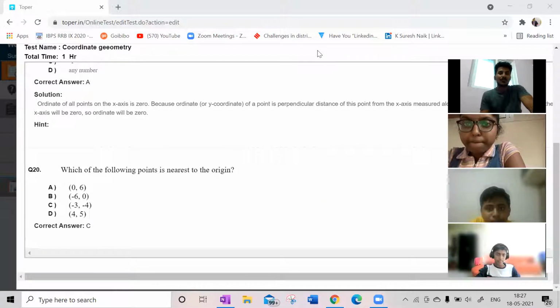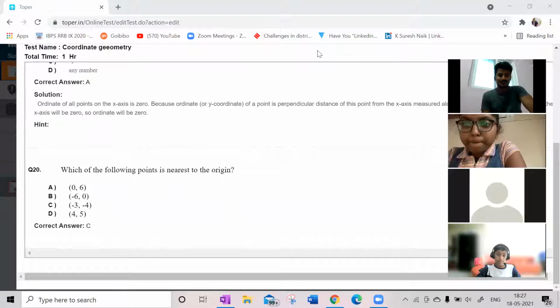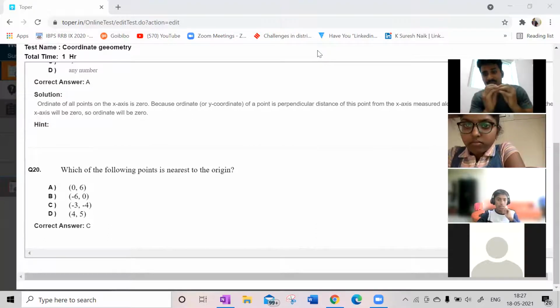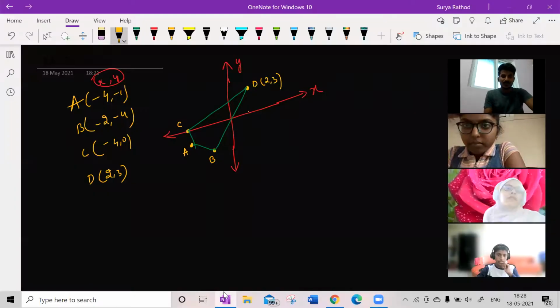See, which of the following points is nearest to the origin? Nearest to the origin. The options are the coordinates on 2 axes like this. Option C is (-3, 4).